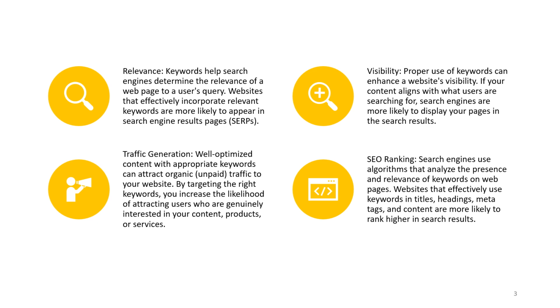So keywords help search engines determine the relevance of a web page to a user's query. So when you set the keyword of a web page to maybe honey in California, if somebody searches honey in California, your page is more likely to appear in the search results than somebody that just, for example, has honey in their keyword, right?